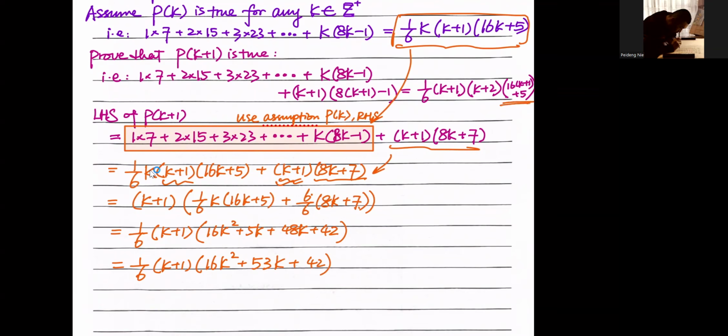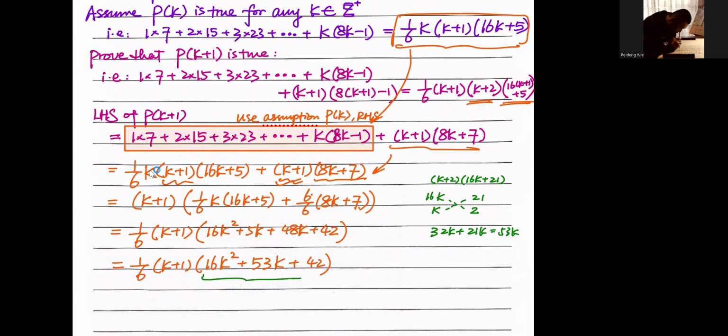So the next thing is you need to notice the pattern here. When you observe the right-hand side of your target, which is this bit, you can pretty much see it's like (k plus 2) times (16k plus 21), something along this line. So just double check. 16k, k, 2, 21. 32k plus 21k equals 53k.